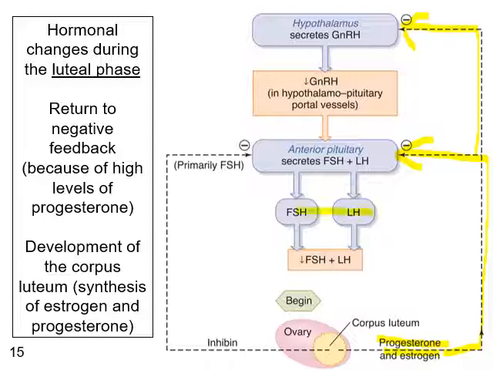So the LH and FSH continue to exert an influence on the corpus luteum. The corpus luteum still is controlled by the low levels of LH and FSH, and it continues to develop. But the combination of progesterone and estrogen lead to low and stable homeostasis levels of GnRH, LH, and FSH.